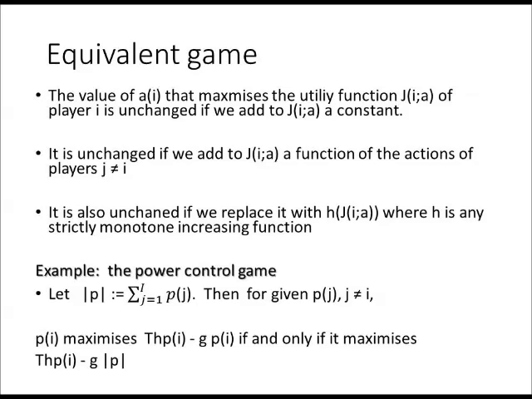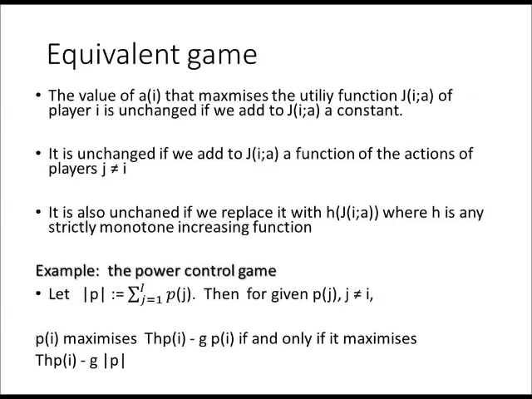Now here are some very important properties of utilities in game theory. The first thing to note is that the action of player i that maximizes its utility for given actions of other players is unchanged if we add to J_i(a) a constant.